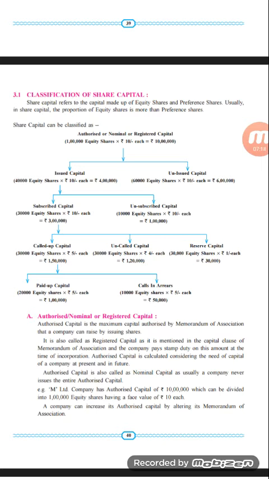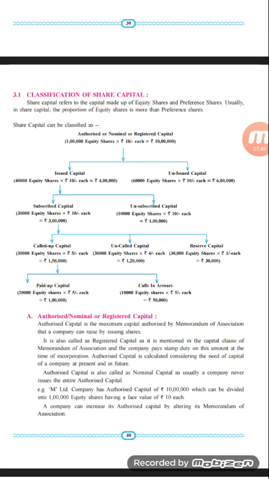The number of shares that the investors have purchased from the market is known as subscribed capital. So this 30,000 equity shares is known as the subscribed capital.